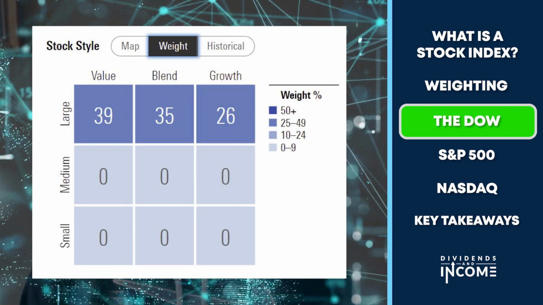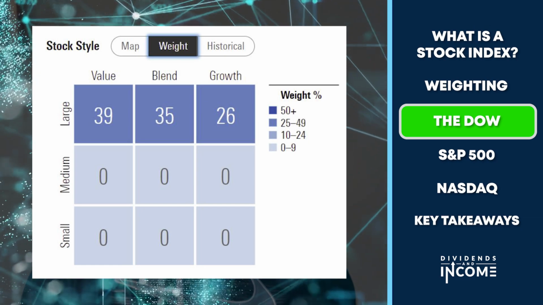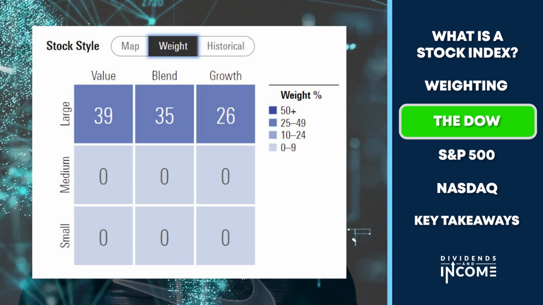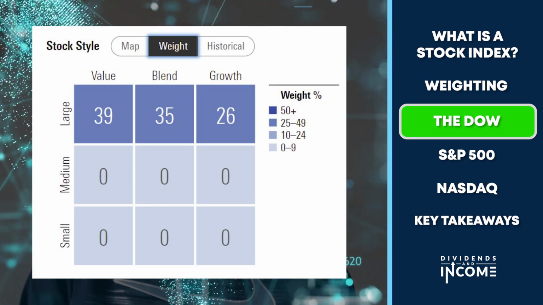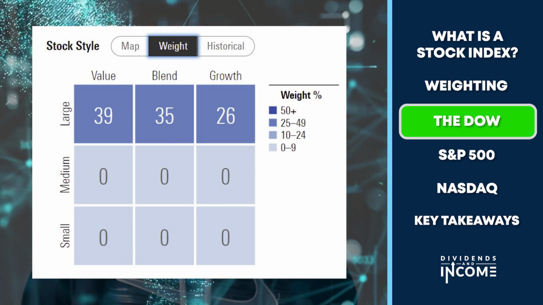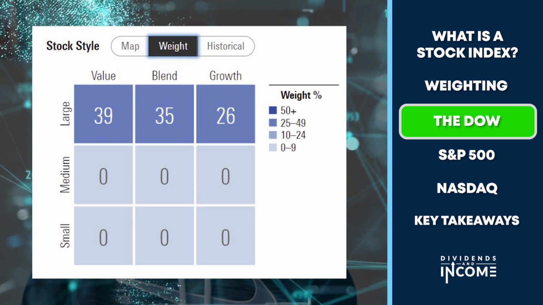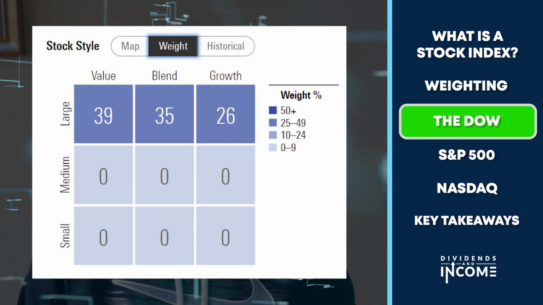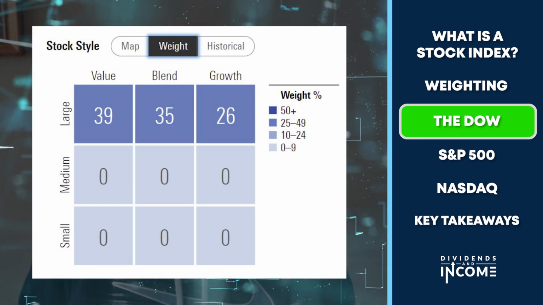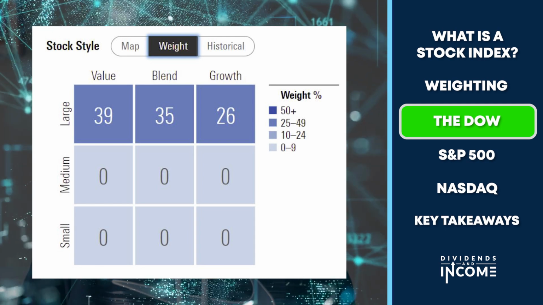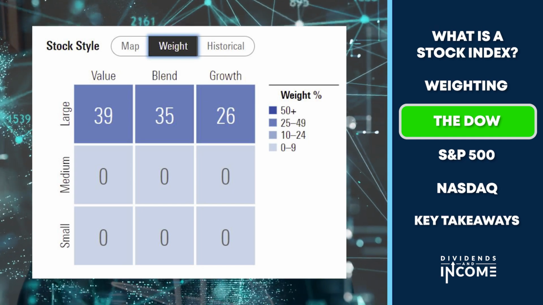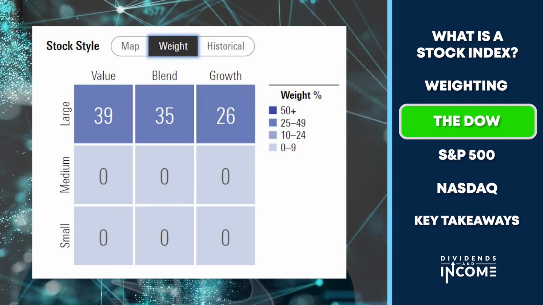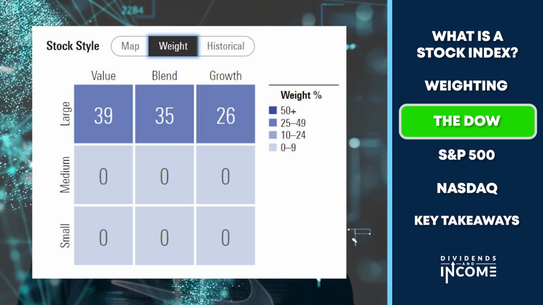And across the top by what Morningstar calls a style, meaning do they invest in value stocks at the left side, growth stocks at the right side, or some sort of blend in the middle. The reason I'm showing you this is to illustrate a couple of things. The entire weight of the Dow, its 30 stocks, is all in large and mega cap size stocks. They're all in the top row, and medium and small all have zeros in those boxes.